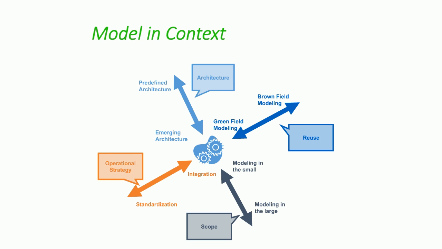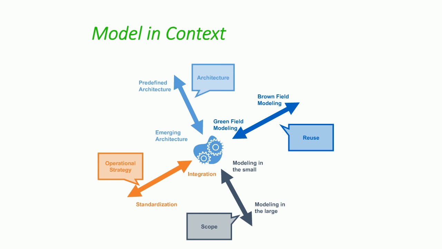Or you may be in an emerging architecture situation where these models are progressively defining what the architecture should be. From a reuse point of view, we may be in a complete greenfield modeling situation where there's not much assets already existing, or we may be in a situation where there's a lot of assets already existing that we want to reuse in our modeling effort.